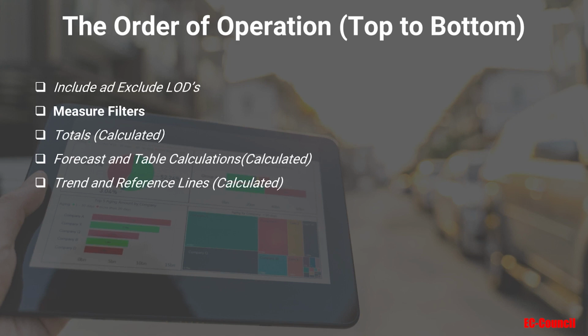That is, the extract, data source, context, and top-N filters. A dimension filter can easily be converted into a context filter, thus changing its order of operations. And finally, we have the measure filters, which act even after the dimension filters in the view.